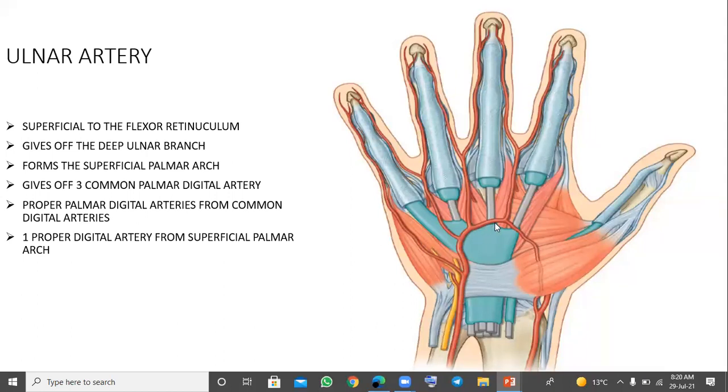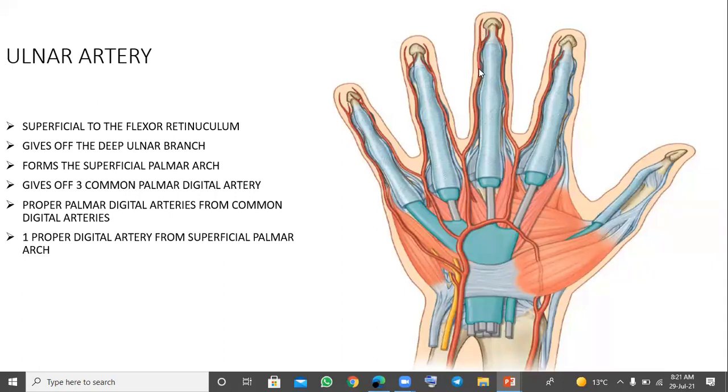So from the superficial palmar arch, you have those 3 branches arising from it. Those branches are known as the common palmar digital arteries. Then the common palmar digital arteries are going to further divide to form the terminal arteries known as the proper palmar digital arteries.